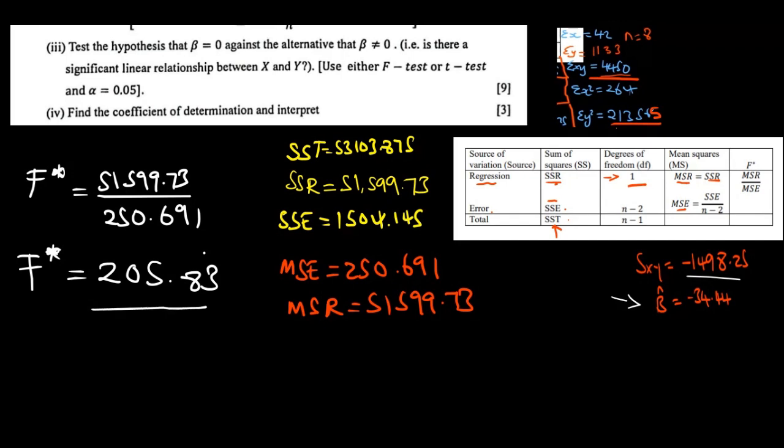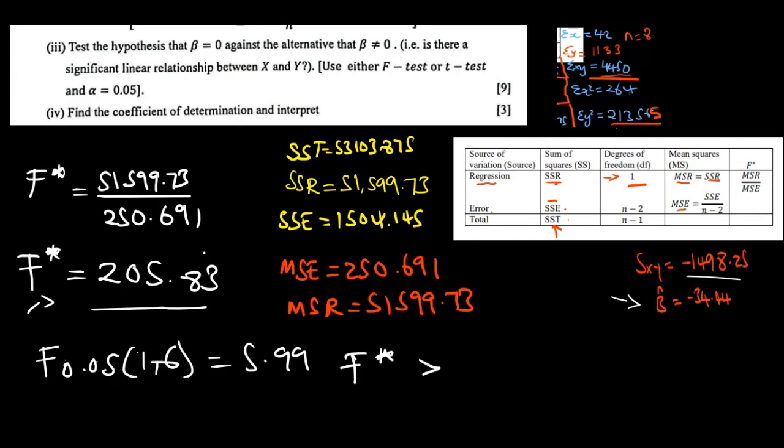We see that our F observed is greater than the critical value. Remember, the F critical value at 0.05 with 1,6 degrees of freedom was just given as 5.99. So 5.99 is actually less than this, so our F observed is greater than F.05,1,6. Here I can see 205, here I can see 5.99.